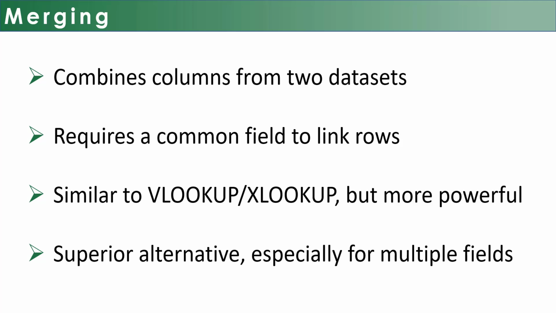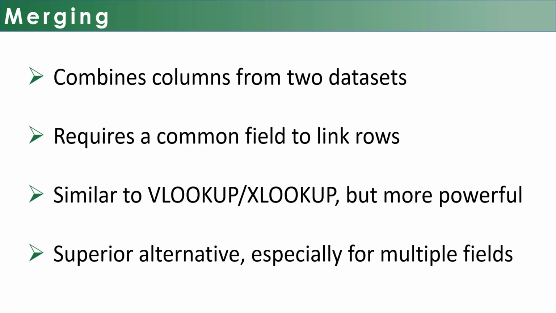Merging requires that the individual rows of each respective dataset be associated or tied together in some way. That's how we're able to pull the values and columns from both datasets together in the same row. Now, this is done using a field that each dataset has in common, often some kind of ID, but also quite commonly a date or even a name.